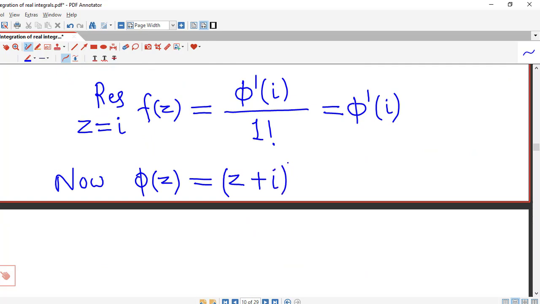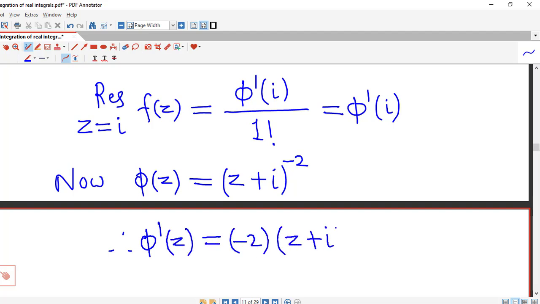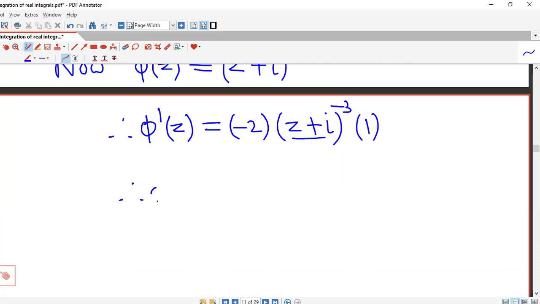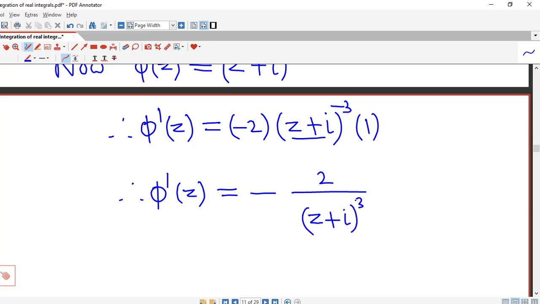If we differentiate with respect to z, we have minus 2 times (z plus i) to the power minus 2 minus 1, which is minus 3, into the derivative of z plus i, which is 1. So therefore phi dash z is negative of 2 over (z plus i) to the power 3.